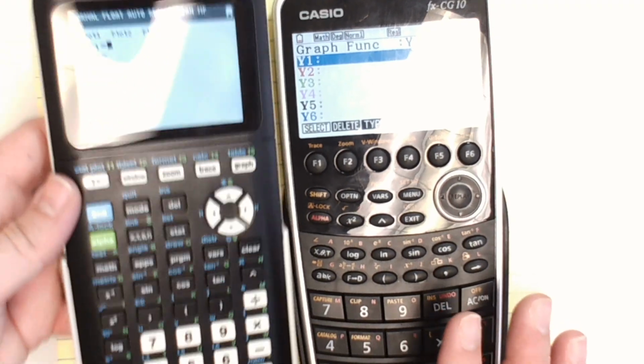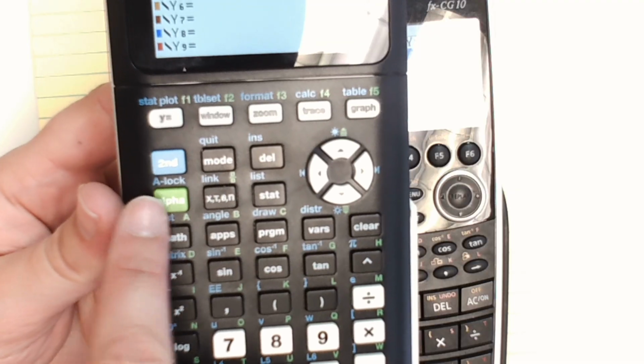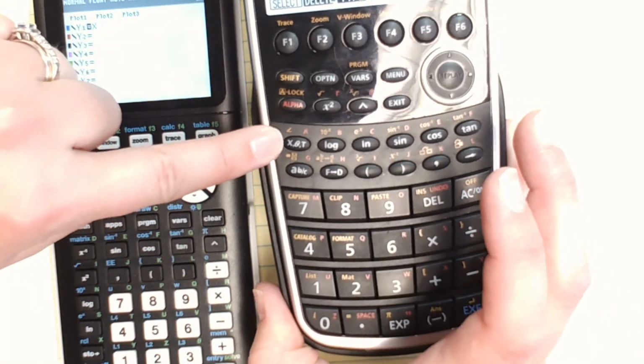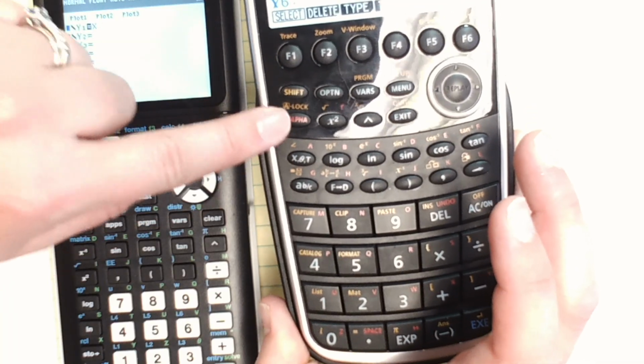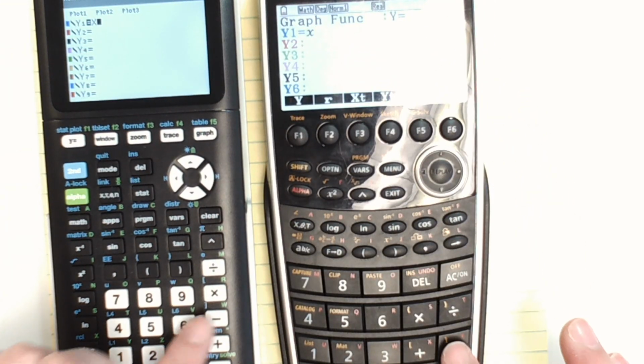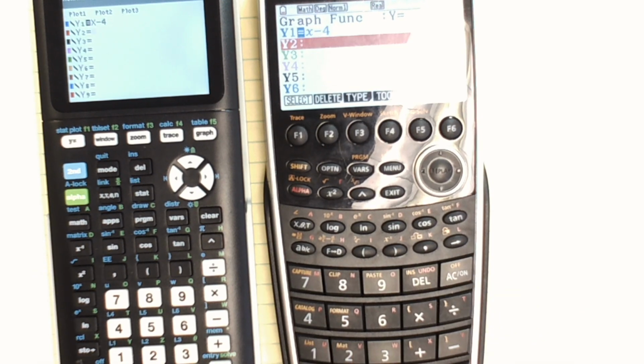X on your calculators, on the TIs, is right here, next to the colorful alpha button. On the Casios, it is right here, below the colorful alpha button. X minus 4. Click enter or the return bottom corner, and it will get off of that.